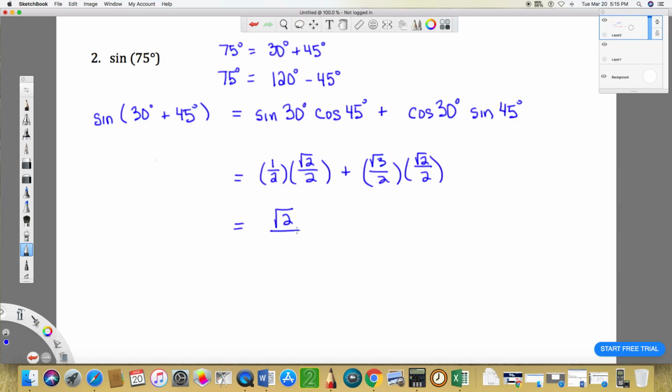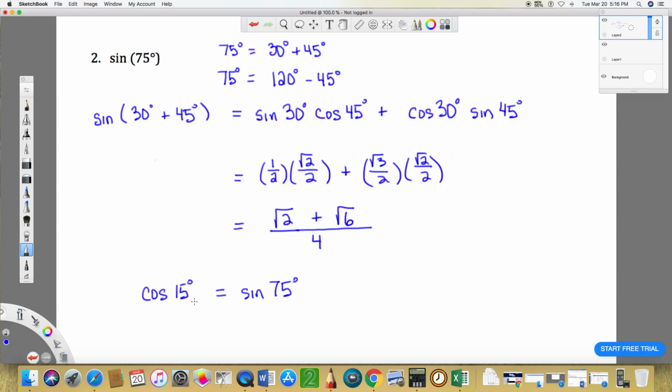So we know that we have a common denominator, so let's just go ahead and we notice that that's the same answer as we had with problem 1 because the cosine of 15 degrees, sine and cosine are cofunctions, and 15 degrees and 75 degrees are complementary.